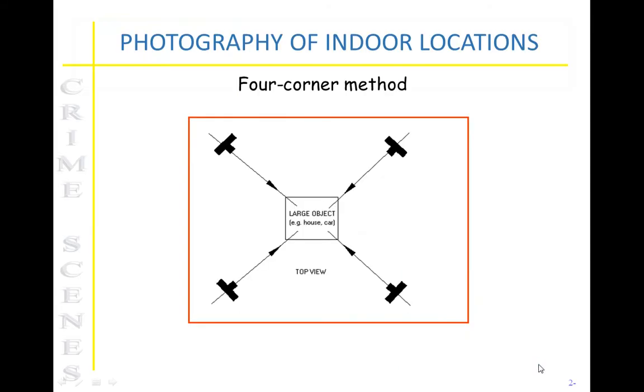Usually when you're doing photographs, you're going to try to take photographs from several different angles. So if it is an interior location, it's very easy to photograph an object from different angles if you remember to take it from the 4 different corners of a room.